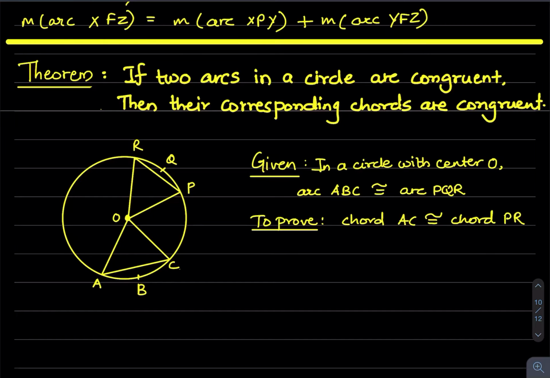So I will write the given and to prove. Given: in a circle with center O, arc ABC is congruent to arc PQR, and we have to prove chord AC is congruent to chord PR. Now in order to prove, first what we have given, major arc ABC congruent to major arc PQR.